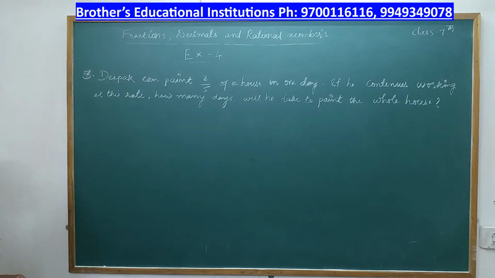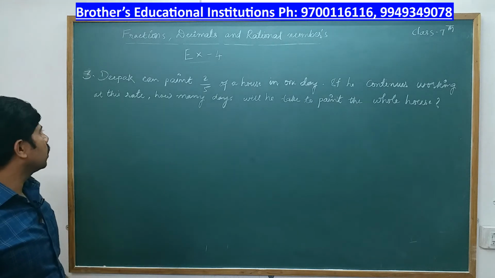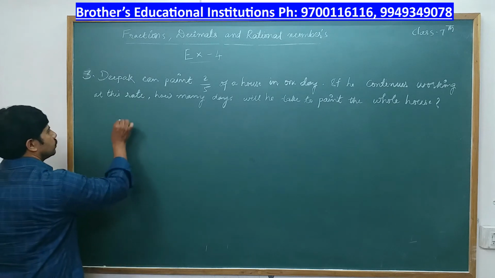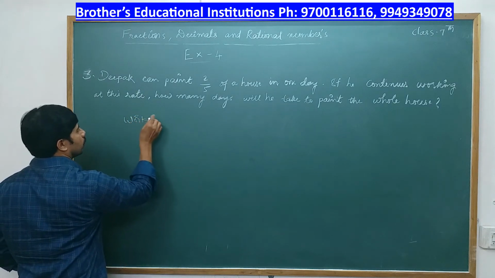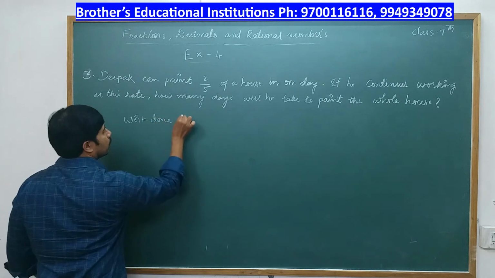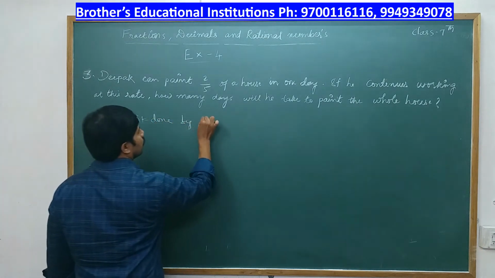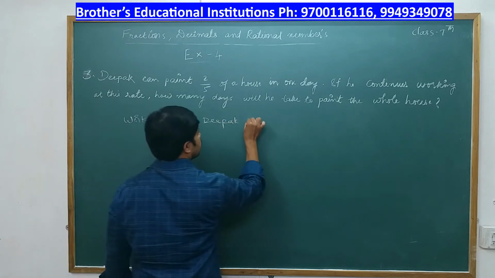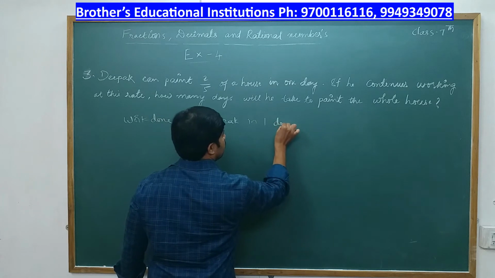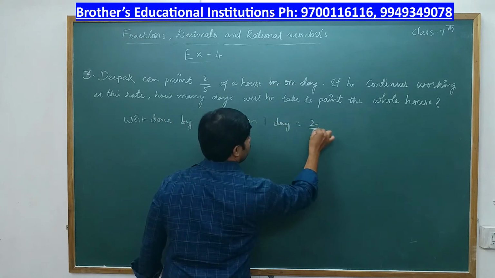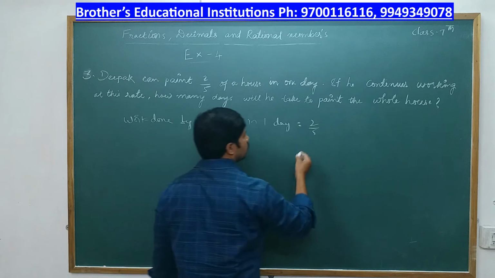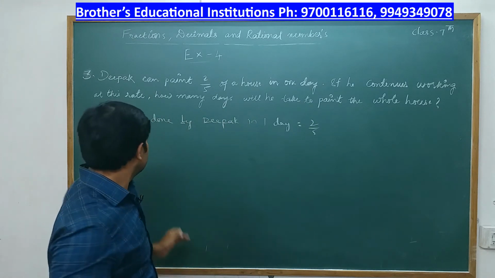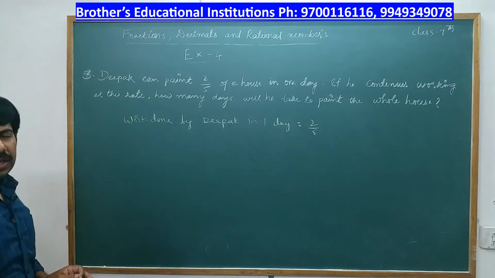See, the part of work done in one day, or we can say the work done by Deepak in one day, it is 2 by 5th, or we can say 2 by 5 part of the wall. So work done by Deepak in one day is 2 by 5th.